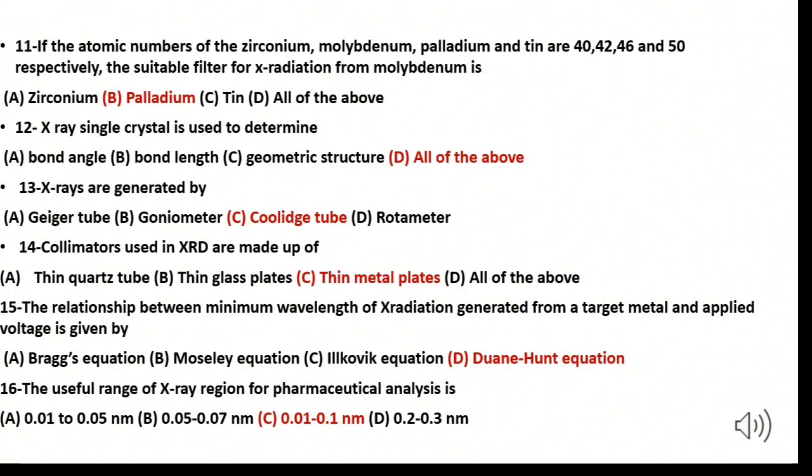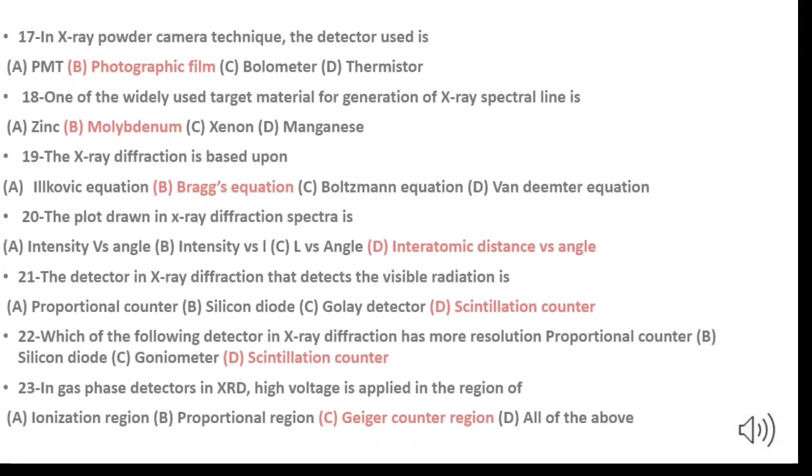The useful range of the X-ray region for analytical purposes is 0.01 to 0.1 nanometer. 17.